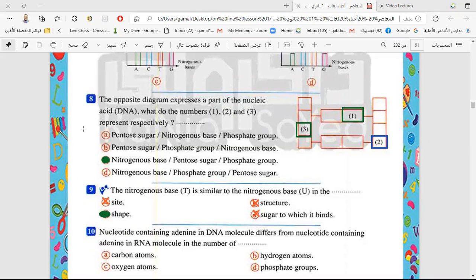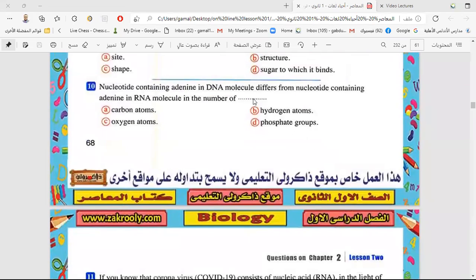The last question: the nucleotide containing adenine in a DNA molecule differs from the nucleotide containing adenine in an RNA molecule in the number of what?